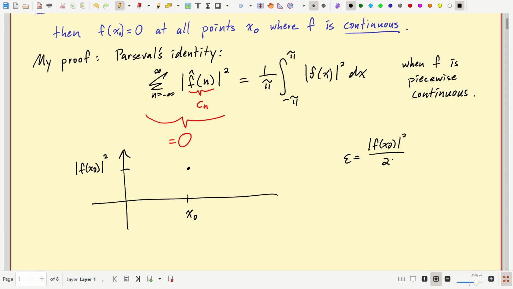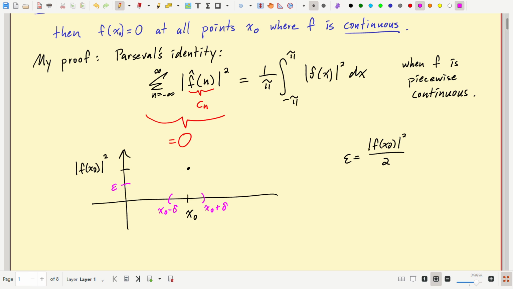Then by the definition of continuity, I could get a delta, so that on the interval from x₀ minus delta to x₀ plus delta, this is my epsilon right here.